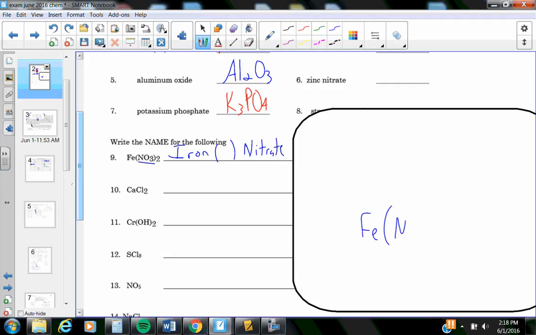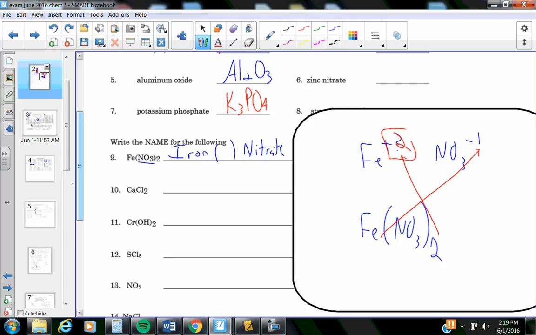If I take Fe, NO3 taken twice, I know it comes from the Fe plus something, and it comes from the NO3 with a -1 charge. It's like reverse crisscrossing. We only had one iron, but we had to have two of these. It's going to take two, the iron has to be a +2 to balance out two -1s. So it's iron 2 nitrate.